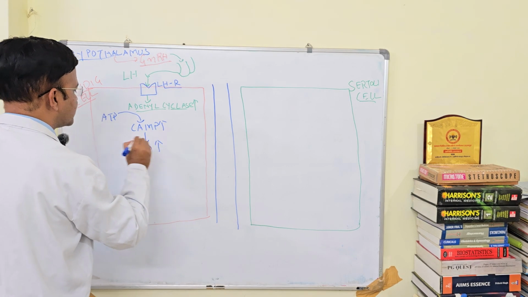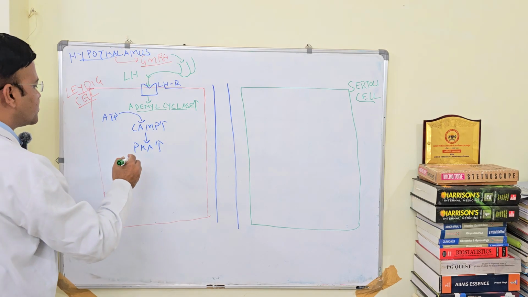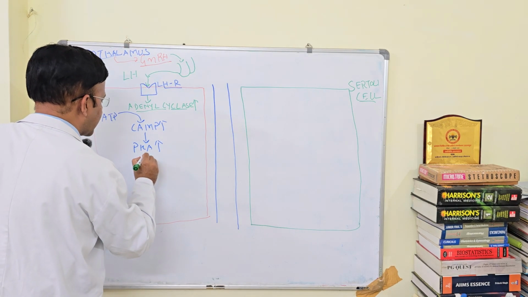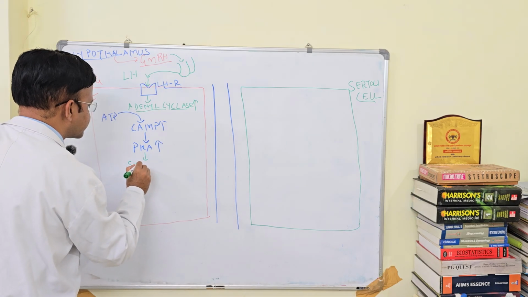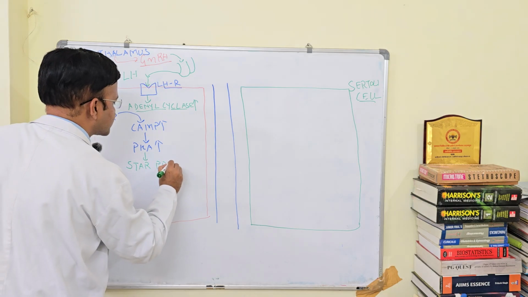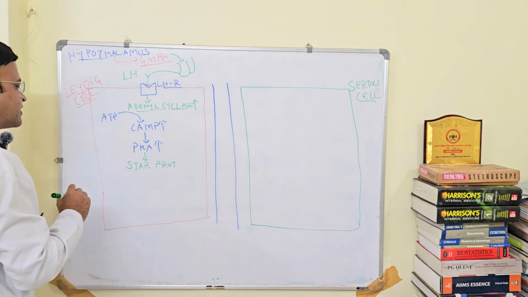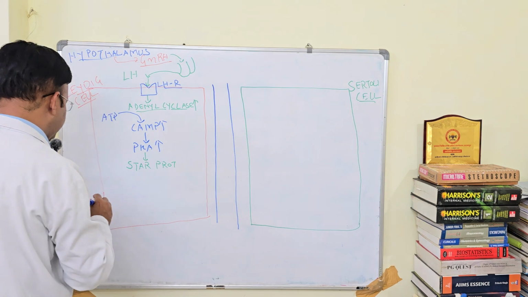If the level of PKA increases, it is going to increase the quantity of a very important protein over here called StAR protein, right? The quantity of StAR protein is going to increase.